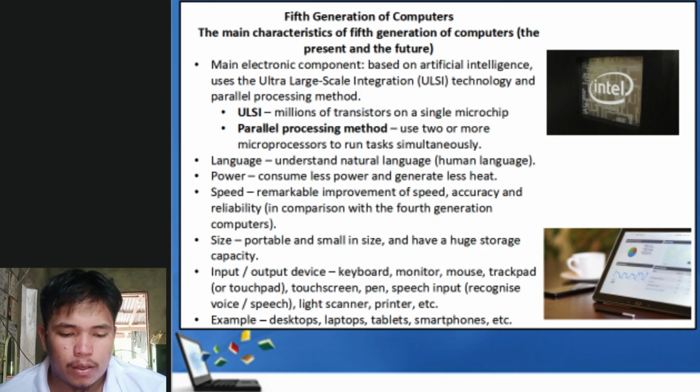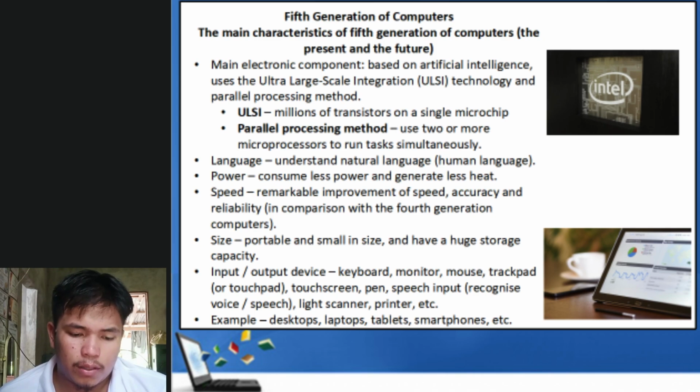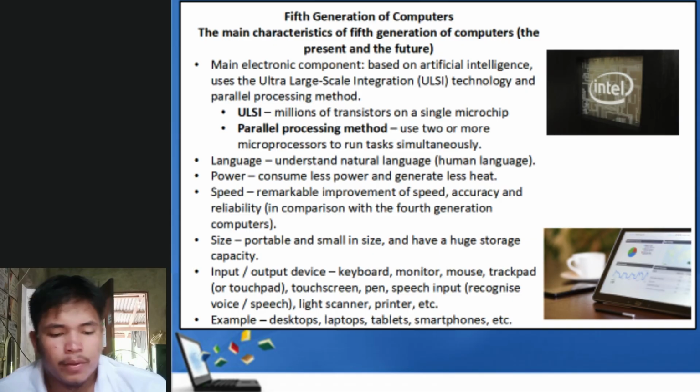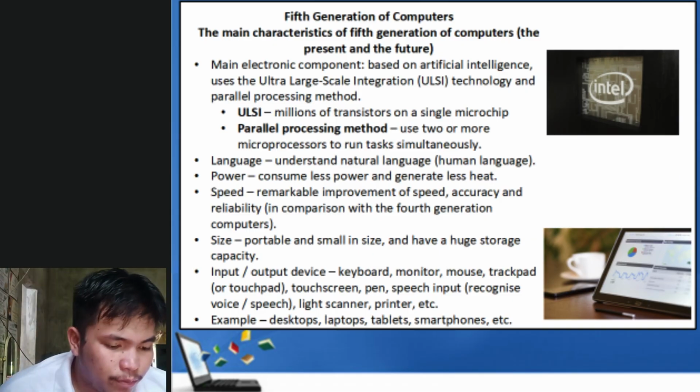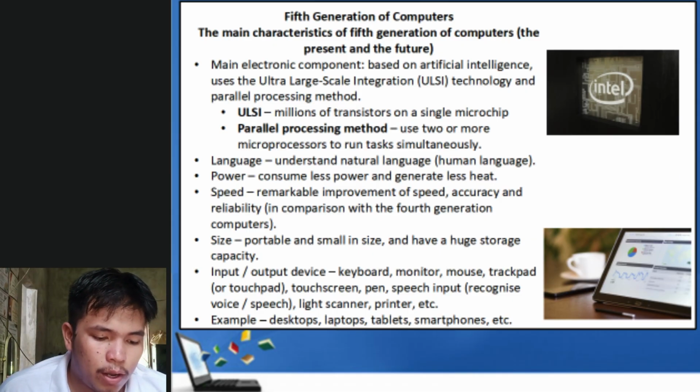Parallel processing is a method used to run more than one task simultaneously. Language: understanding natural language, human language. Power: consumes less power and generates less heat.